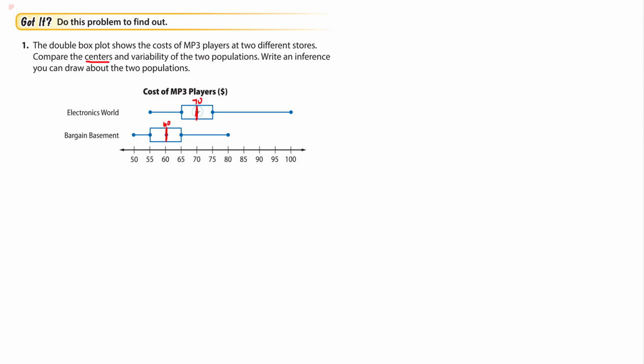The fact that the median at Electronics World is 70 and for Bargain Basement it's 60, I can safely say that the MP3 players at Electronics World are more expensive on average because their median is $10 more.